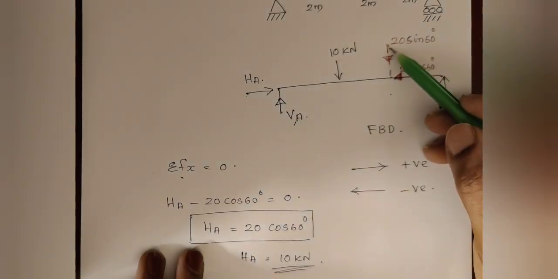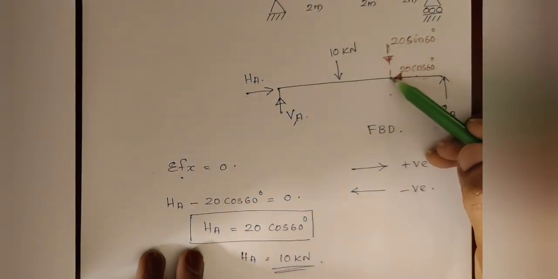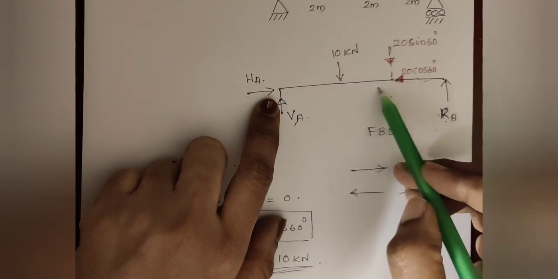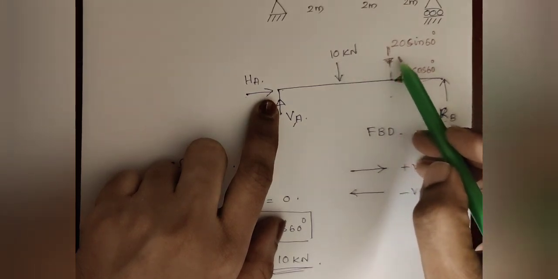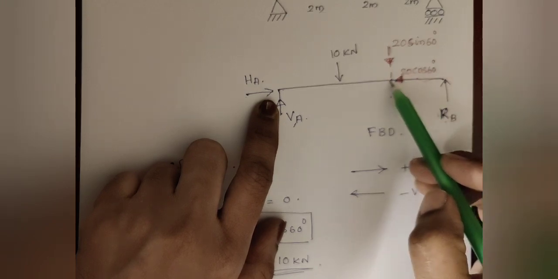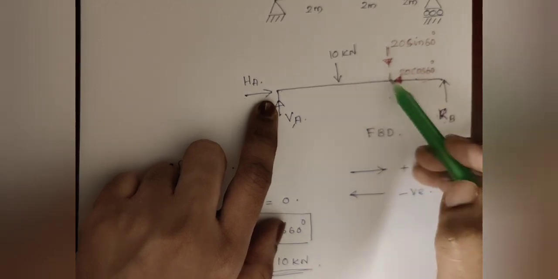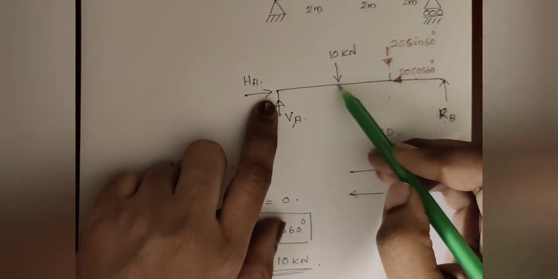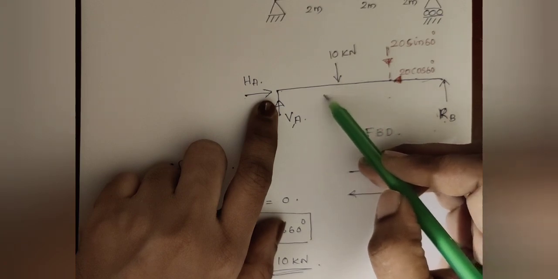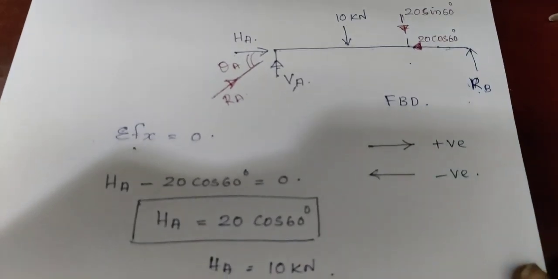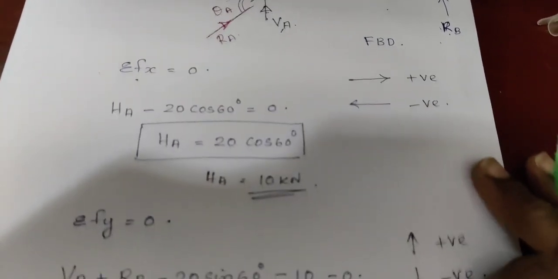The next force is 20 sin 60, acting at this point, with a perpendicular distance to A of 4. So 20 sin 60 into 4 is a clockwise moment. Then the next force is 10, and 10 into 2 is a clockwise moment.